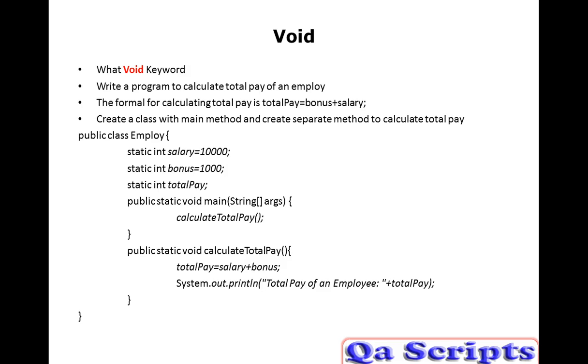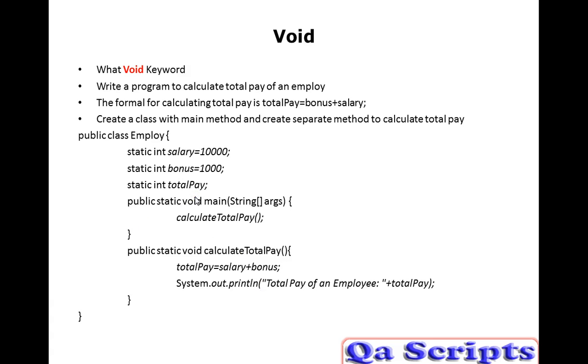After that, I have created one separate method called calculateTotalPay. Inside this method, I have a formula: total pay equals salary plus bonus. So this gives the total pay of an employee to this total pay variable. This total pay variable has been printed out inside calculateTotalPay using a System.out.println statement.